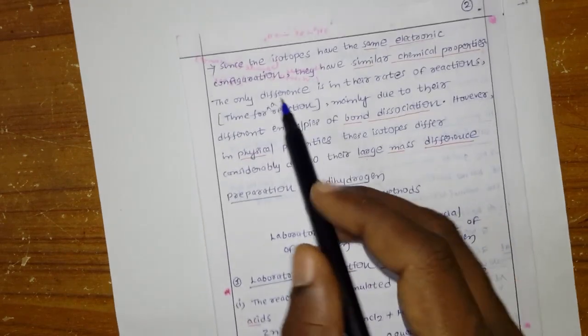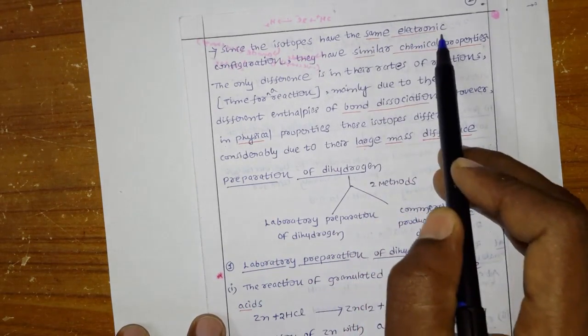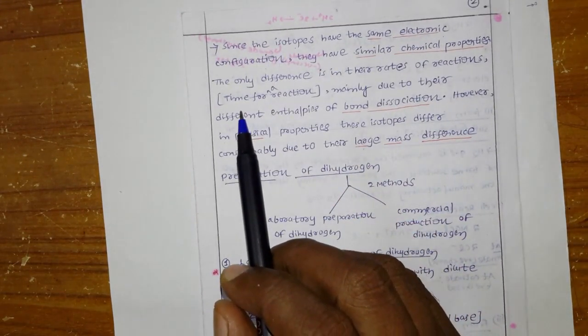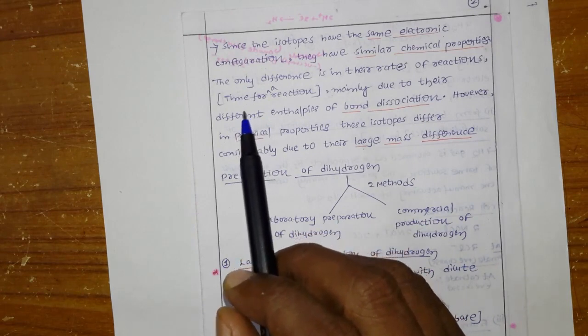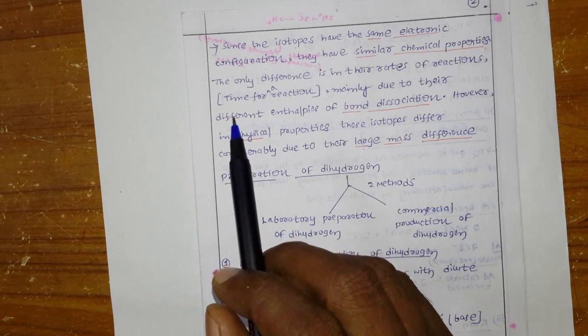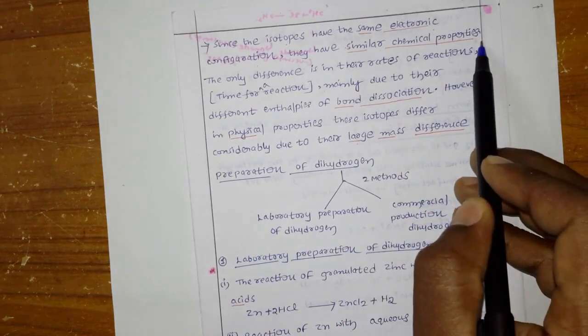What this is telling is that since isotopes have the same electronic configuration, and chemical properties depend on the electrons or electronic configuration, not on the protons or neutrons, they have similar chemical properties.